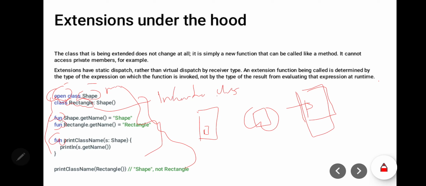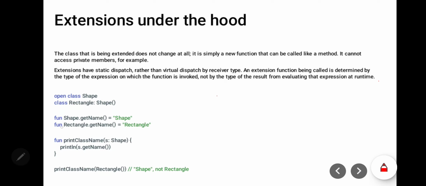Fun Shape.getName() = "Shape". This is the extension function for class Shape. And this fun Rectangle.getName() = "Rectangle".